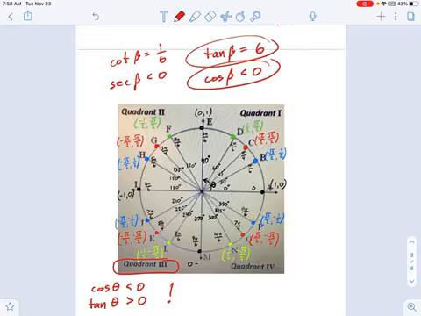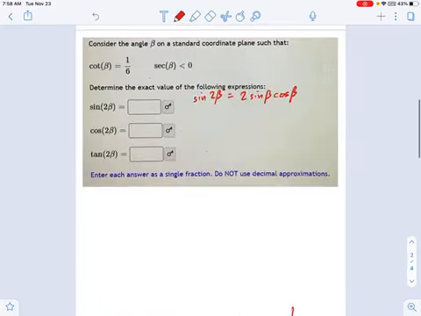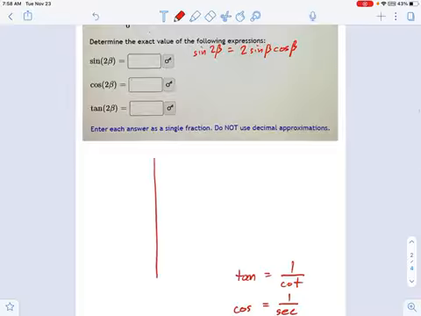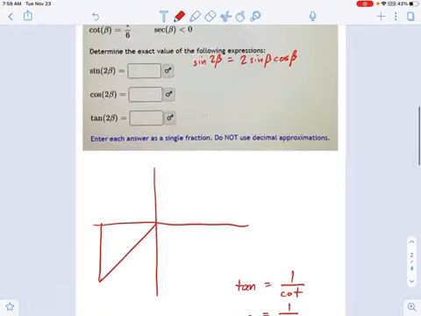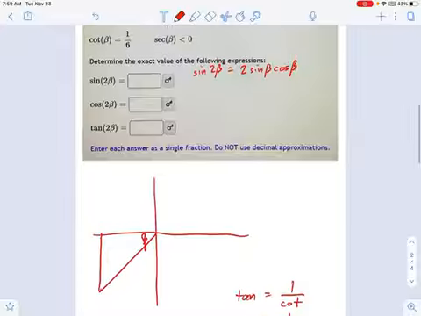This is a big victory. Now we can go draw a triangle. It's a quadrant 3 triangle, which means it's going to look something like this. I don't know exactly, but this is beta right here, my angle beta, which means I can now put some sides on this.